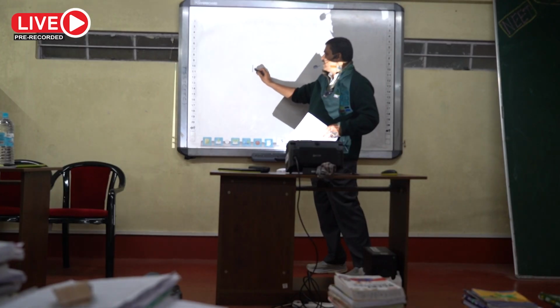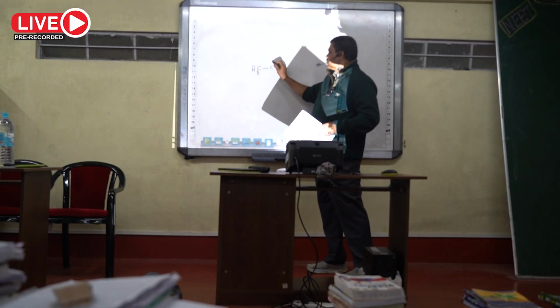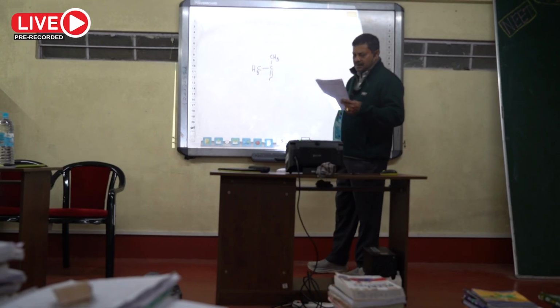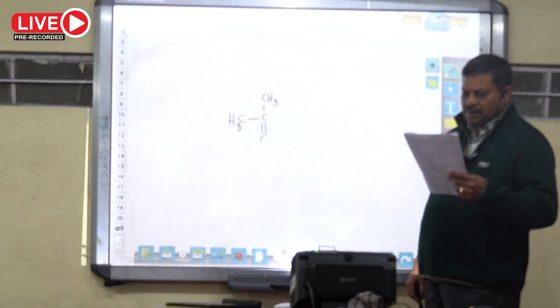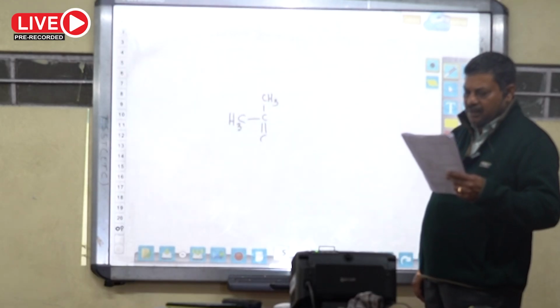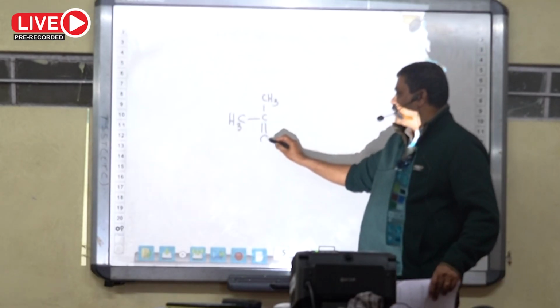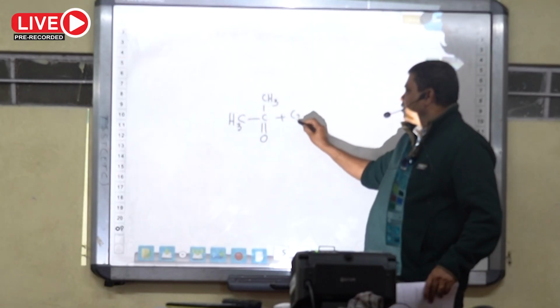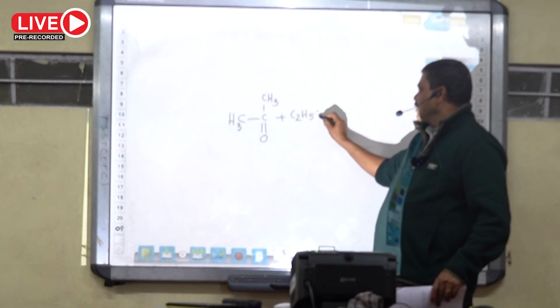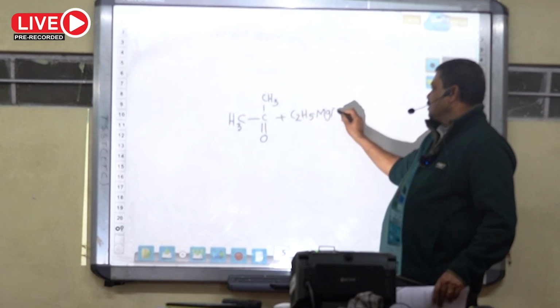So acetone you take, acetone, it is treated with ethyl magnesium bromide, C2H5 MgBr.